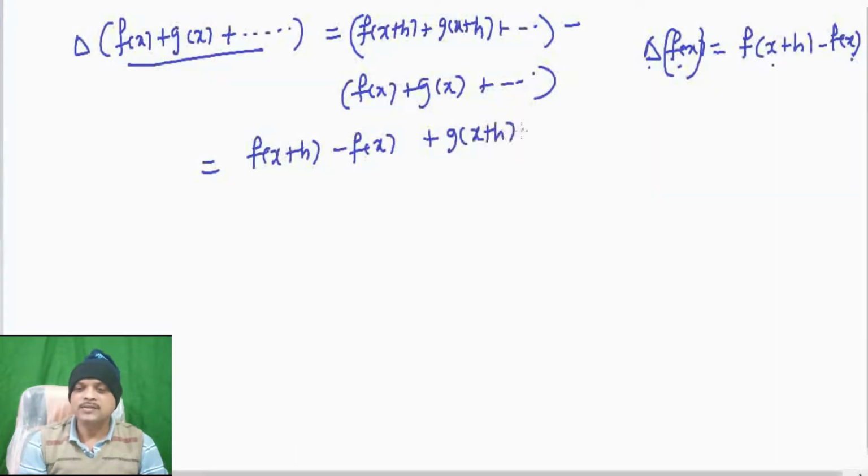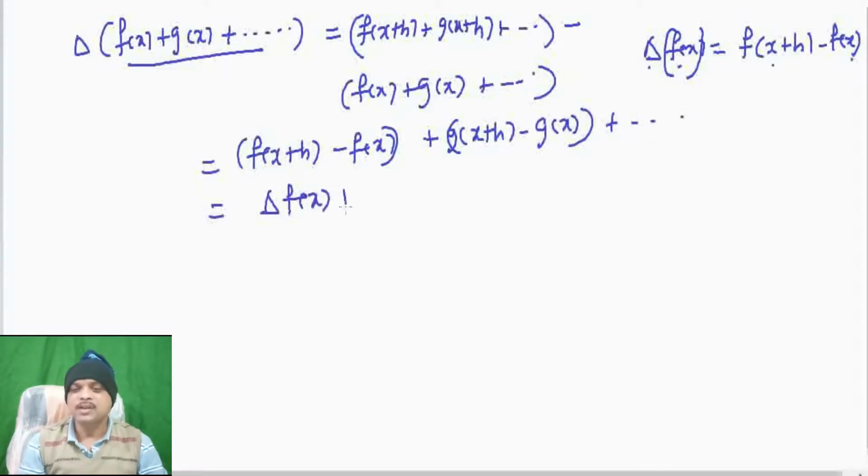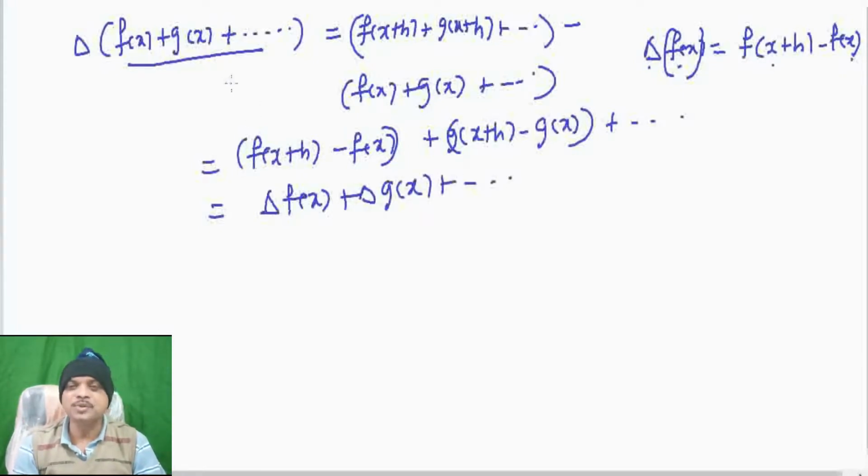So this is nothing but delta of f of x plus delta of g of x. So this gives me an important property of delta, that delta is distributive over addition. We can operate the delta on every one of these terms.